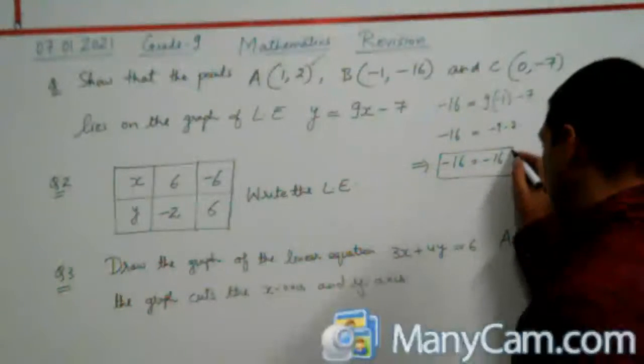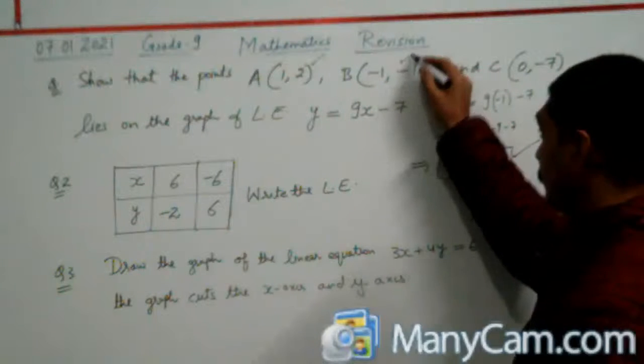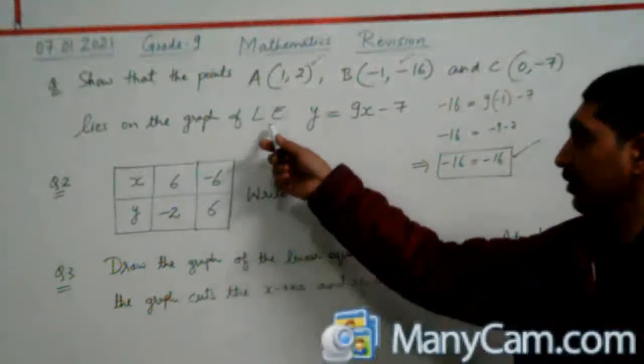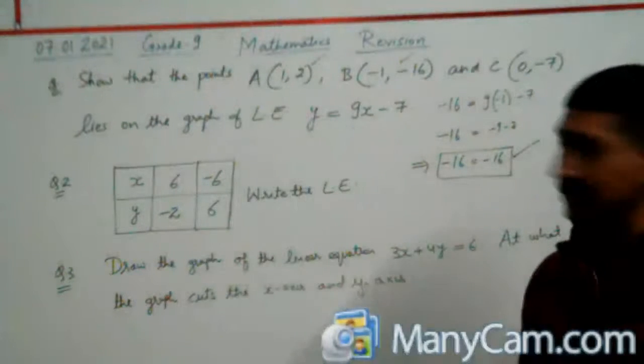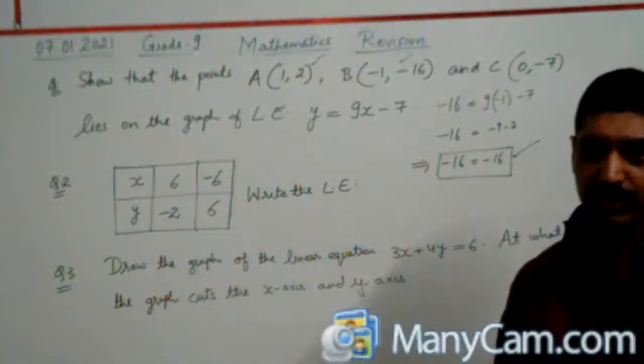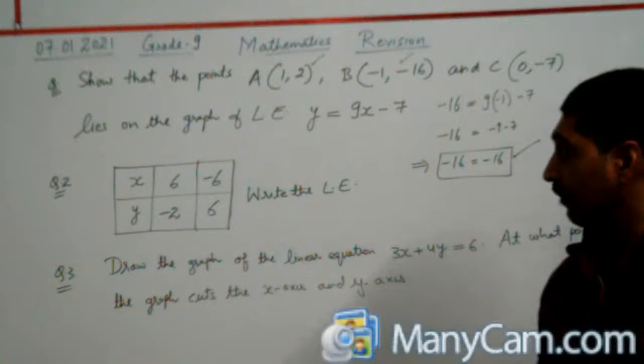So point B also lies on the graph. This is a solution of the linear equation y is equal to 9x minus 7.